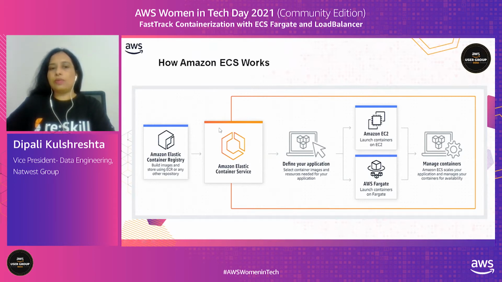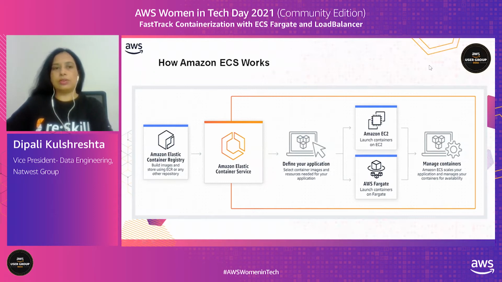Now, once you have the application blueprint available in your task definition, the next step is to run your application. To run, either you can use Amazon EC2, or if you want to get rid of maintenance overheads, then you can simply run your application on AWS Fargate. And this is something which we are going to observe today. Once you have your running application, then you can simply monitor and manage your containers.